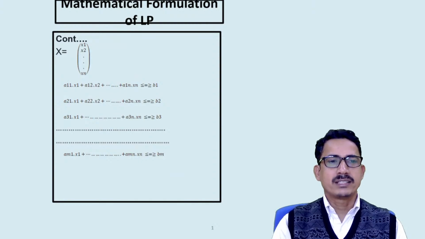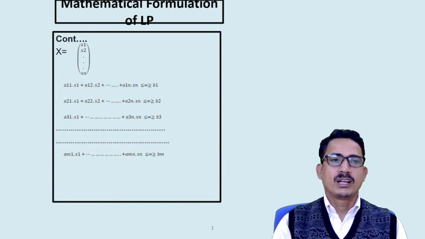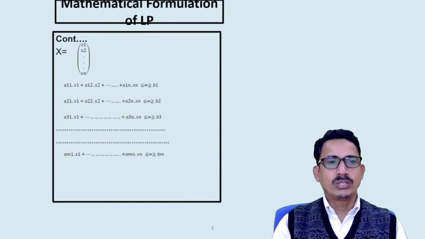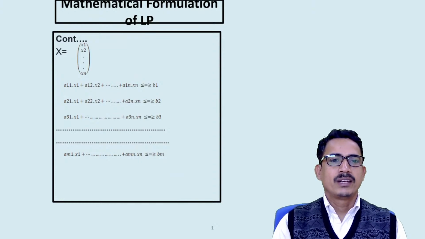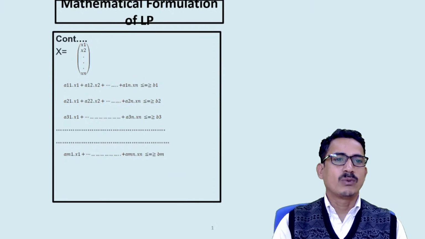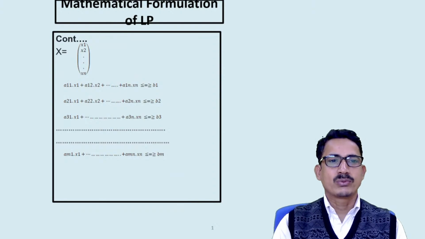For the first matrix A and second matrix B, the number of columns of A should be equal to the number of rows of B. Once you cancel these, what remains is the resultant matrix order. Here you get m cross 1 after multiplying A with X, because A11 x1 plus A12 x2 up to A1n xn is a single term, since you have added them.